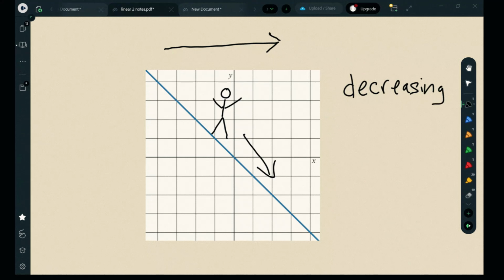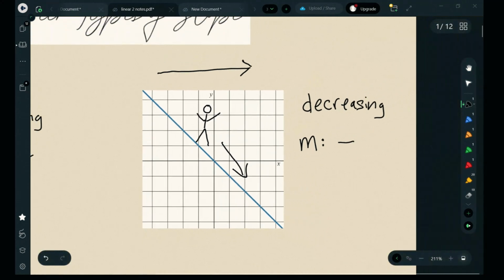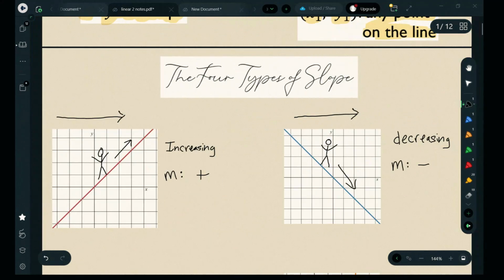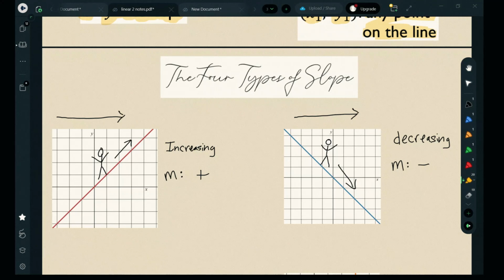Anytime a line is decreasing, the slope is negative. Okay, so those are the first two types of slope. And these are the most common ones, okay? If the line's going up, the slope is positive. If it's going down, the slope is negative.